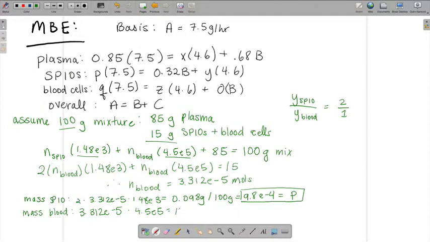And that's equal to 14.904 grams, which divided by 100 grams is equal to 0.149, which is our Q.